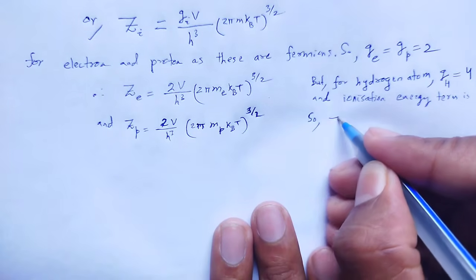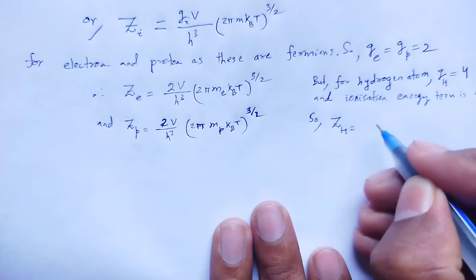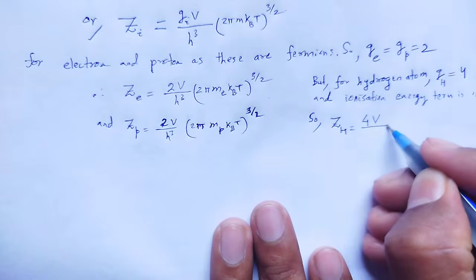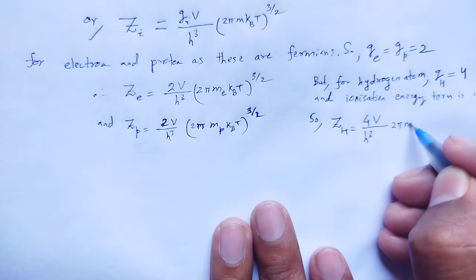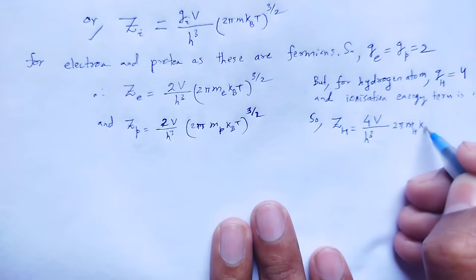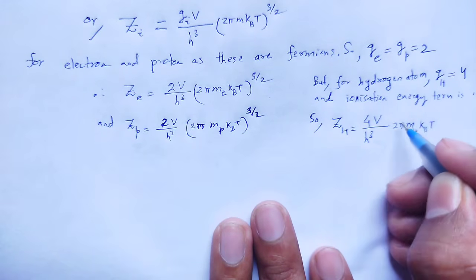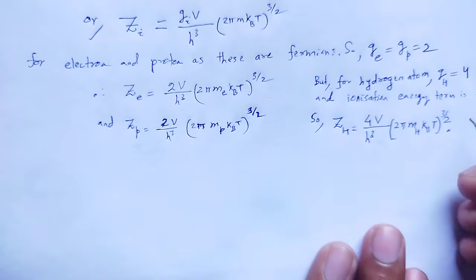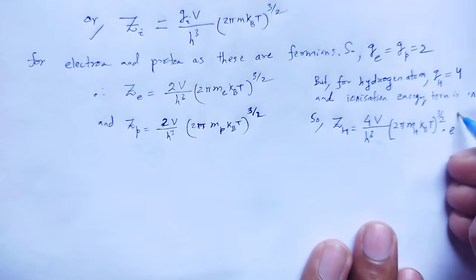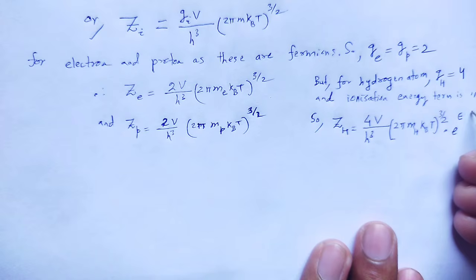So, Z for hydrogen is equal to 4V divided by h cube, (2π m_H k_B T) to the power 3/2 into e to the power ionization energy epsilon divided by k_B T.